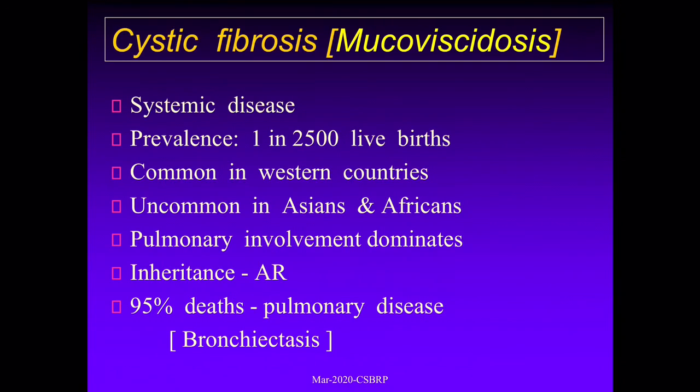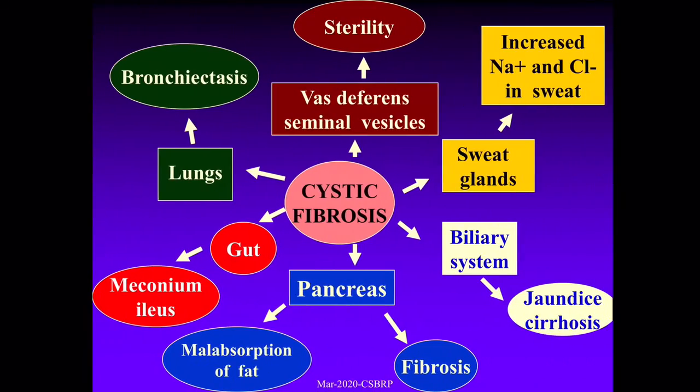It is very rare in our country, but it is very common in Western countries, with a prevalence of 1 in 2,500 live births. Usually pulmonary involvement dominates the clinical picture, and inheritance is autosomal recessive, and 95% of the deaths in cystic fibrosis patients are due to pulmonary complications, mainly infections and bronchiectasis.